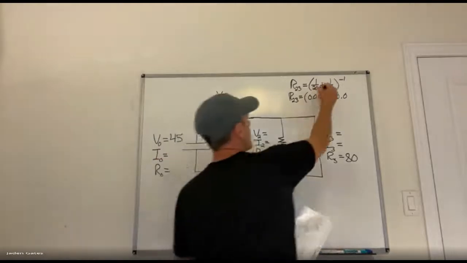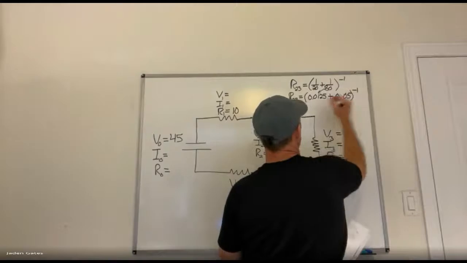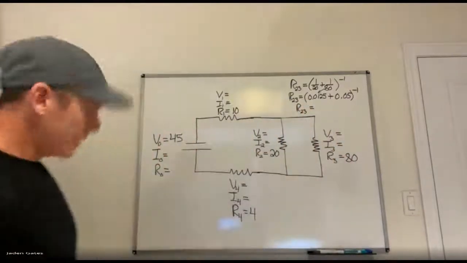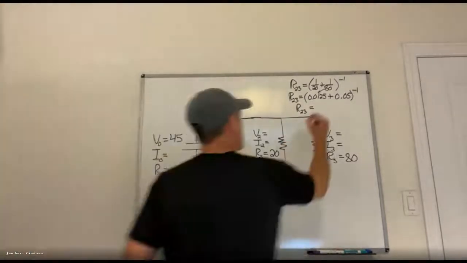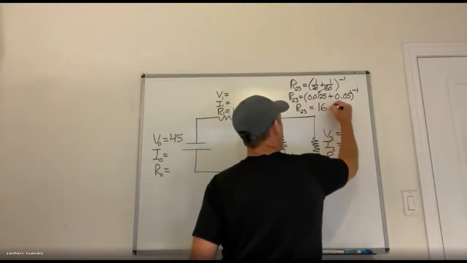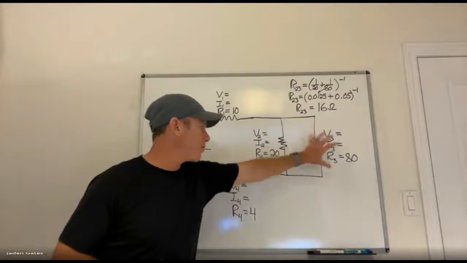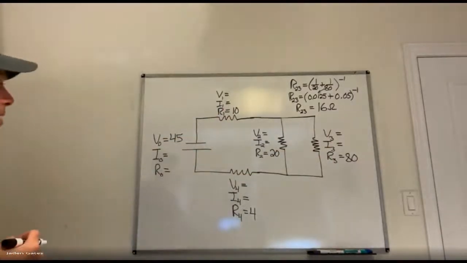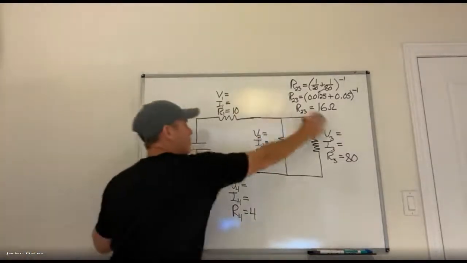Whoops, that's 1 divided by 80. 1 divided by 20 is 0.05. Just rolling down the wrong order here. All right, so I add those two together. I take it to the power of -1, and I end up with 16 ohms. Now that is combining resistor 2 and resistor 3. Now, to find R naught, now we have them all in series.